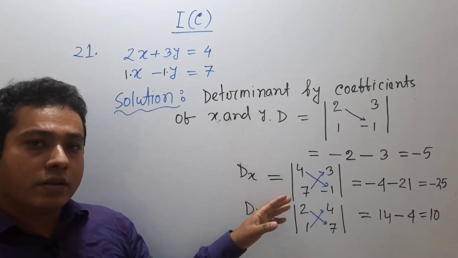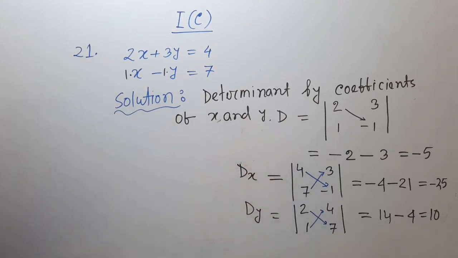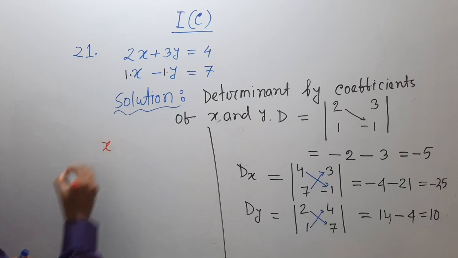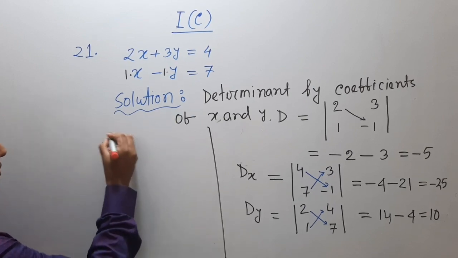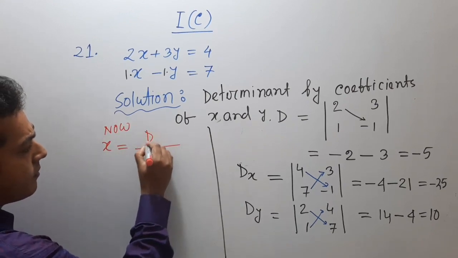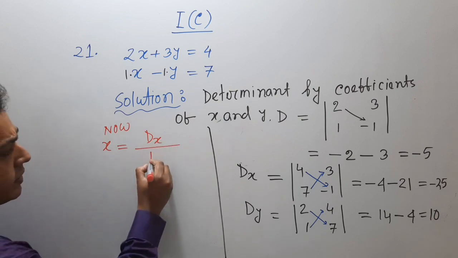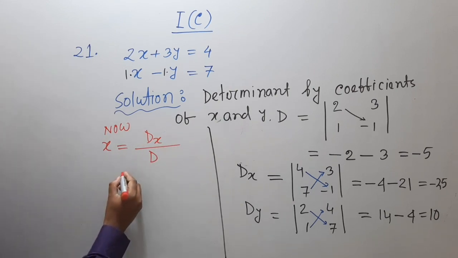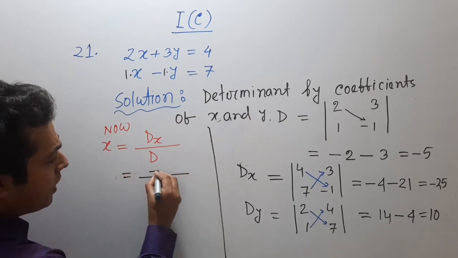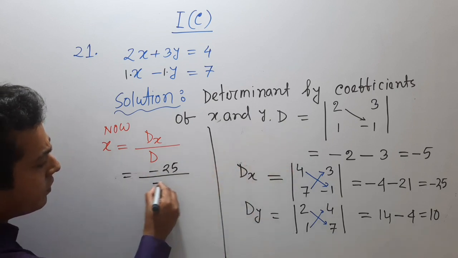According to Cramer's rule, x is equal to Dx divided by D. Okay, here Dx is equal to -25, and D is equal to -5.